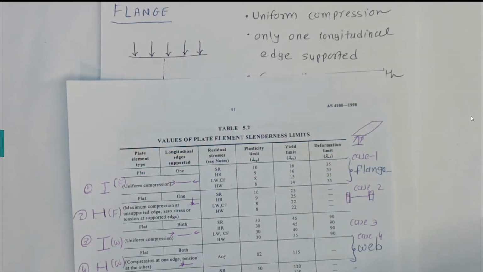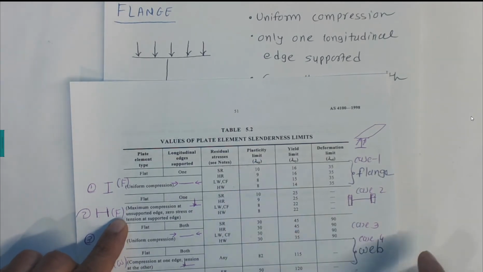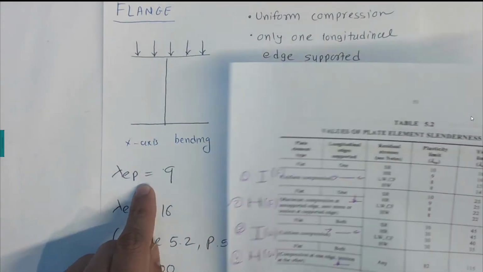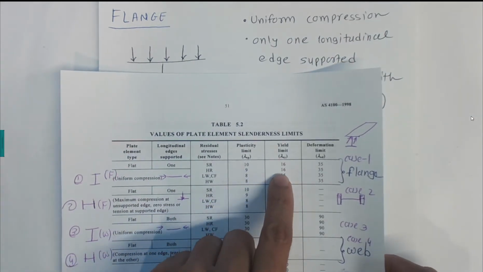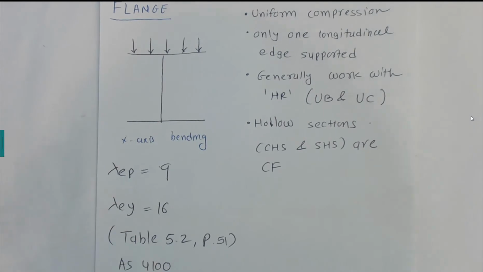That's what they mention here, and that is for hot roll sections. So the plasticity limit lambda EP is 9, and lambda EY is 16. That is in table 5.2 on page number 51.